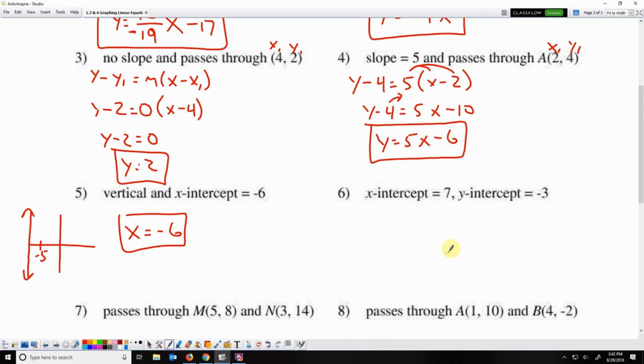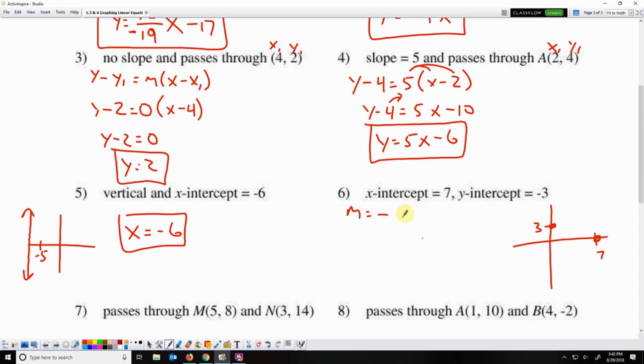Okay, so now I've got an x-intercept of 7 and a y-intercept of 3. If I saw that on a graph, it would look like that. The slope is negative because it's going to be falling from left to right. And it's falling 3 and it's running 7.